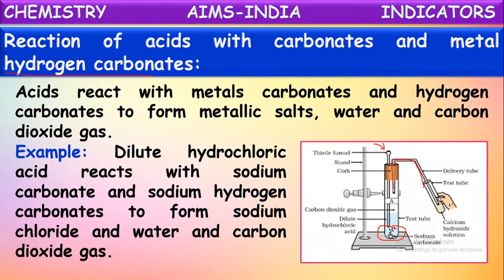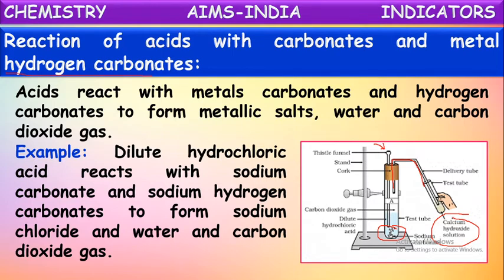This gas evolved can be tested with calcium hydroxide solution, which is commonly called lime water. We know the test for carbon dioxide with lime water. What happens when carbon dioxide is passed into this lime water solution? It turns milky.